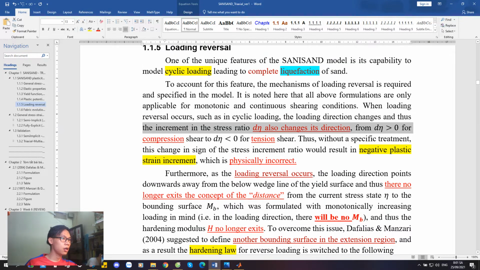When it changes direction, it means cyclical loading. It really just makes us confused with the triaxial, but we just focus on triaxial now. Okay. So when we have eta positive, it means compression. It just increases, okay, like that.